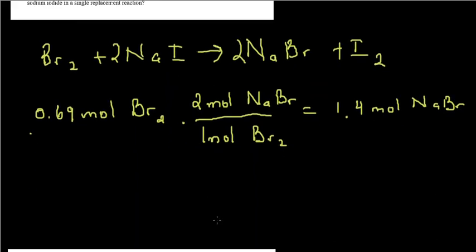Okay. And final one. Phosphorus will react with bromine to produce phosphorus tribromide. Alright, covalent compound in the synthesis reaction. How many grams of phosphorus tribromide will produce if 0.78 moles of bromine is reacted?